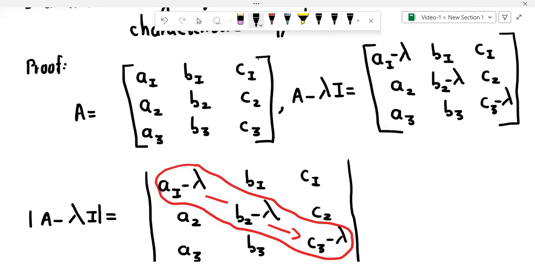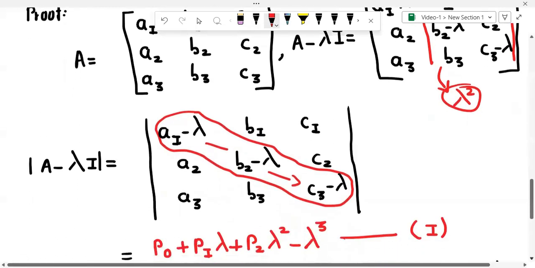Because when we consider the cofactor, for example, the cofactor of the first element A1 minus lambda, it is the determinant B2 minus lambda, C2, B3, and C3 minus lambda. It is a determinant of second order. So the cofactor will have a degree of 2 maximum. That means lambda squared will be the highest power of the cofactor.